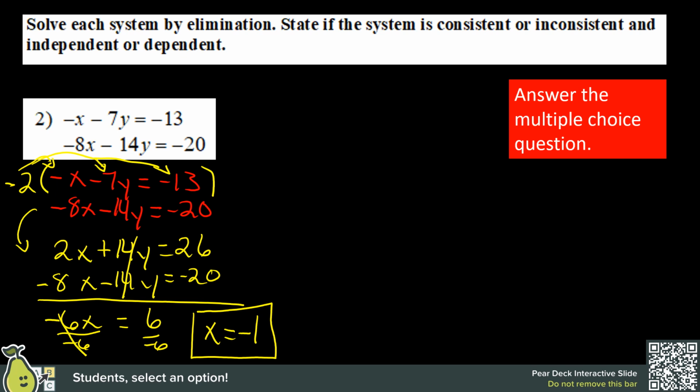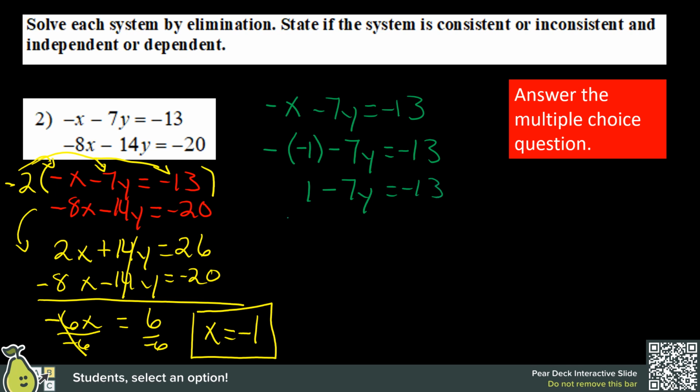Cool. So we can take this and substitute it into one of the equations. I'm actually going to put it into the first one, that negative x minus 7y equals negative 13. So we're going to say negative, and you've got to be careful with all these negatives, right? Negative times negative is positive, so 1 minus 7y equals negative 13. Subtract 1 from both sides.